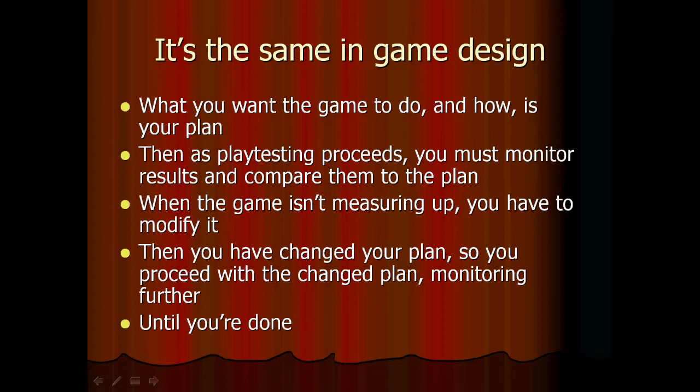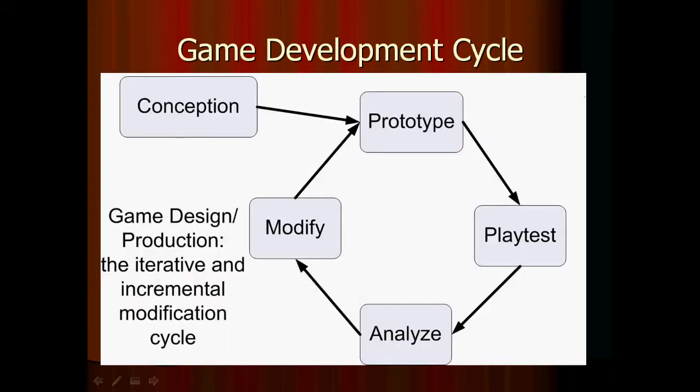If the game isn't measuring up, and you can be sure that it won't to start with, then you have to modify the game. At that point you've changed your plan, perhaps not your goals, but the individual details of your plan. So you're going to continue with a changed plan, playtest further, monitor some more, and keep going until you're done. And here's the diagram for that.